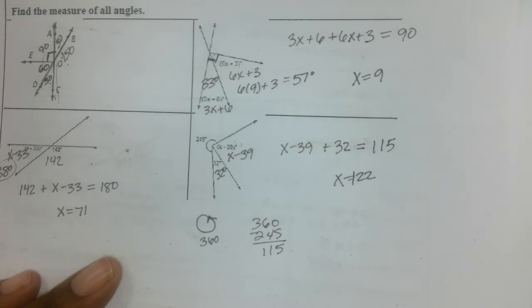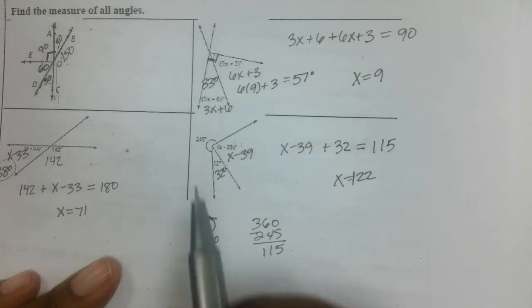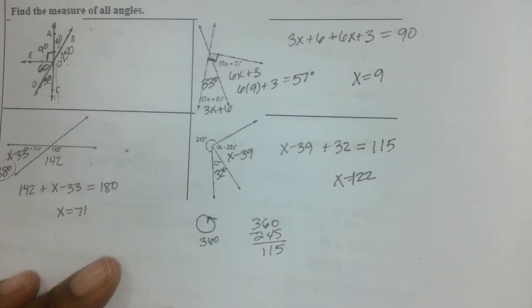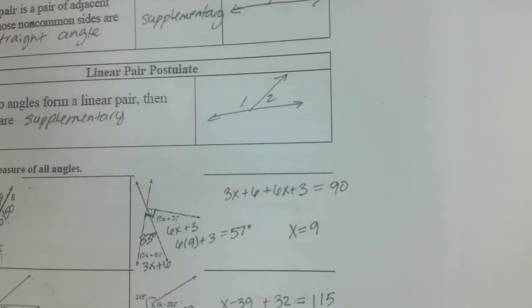If x equals 122, then I just plug it in there to figure out how much each of those would be. And that's how we do these. So knowing your relationships is going to tell you how to solve them.